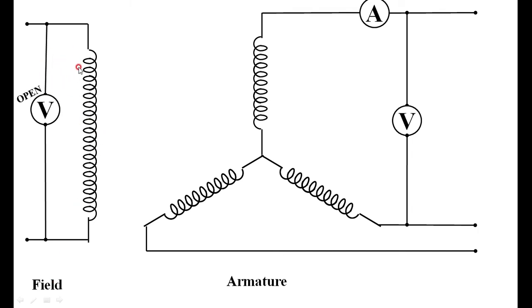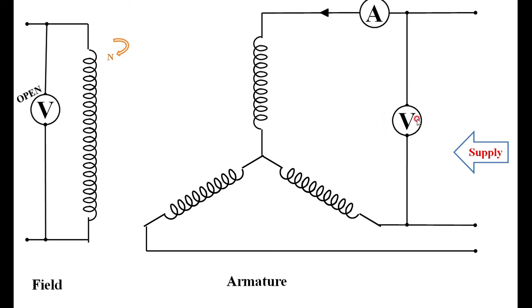Then the machine is run at less than the synchronous speed by a prime mover. That is, we run at a speed n, which is less than the synchronous speed ns of the alternator. Then we apply a small voltage across the armature winding, and it draws a current.